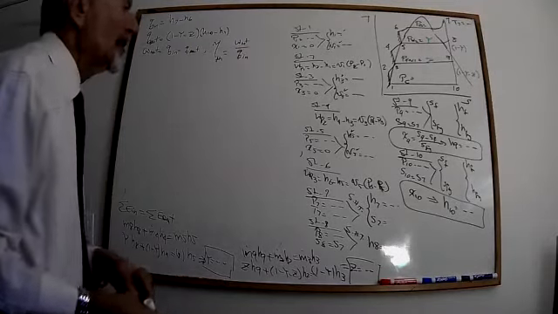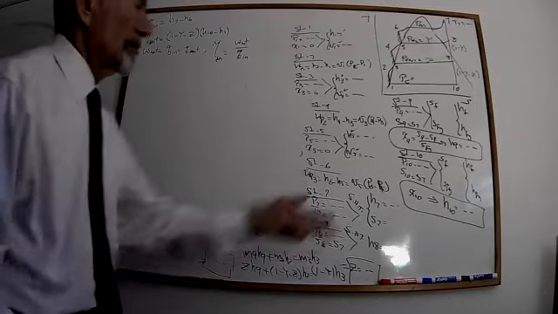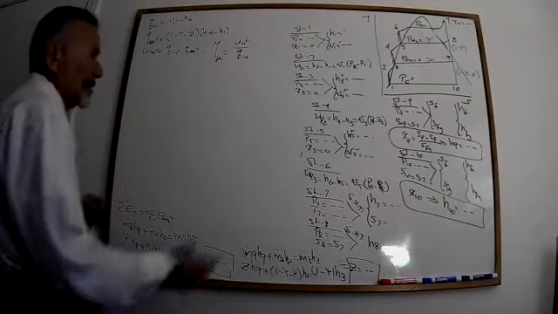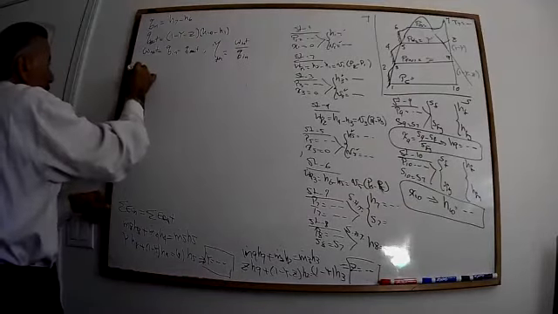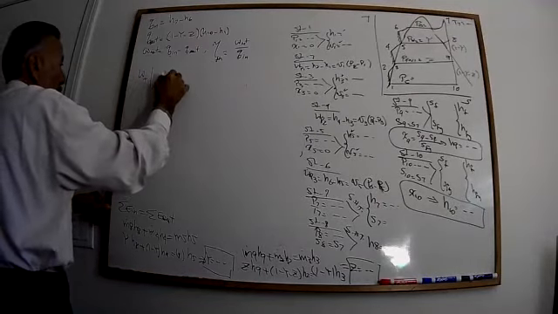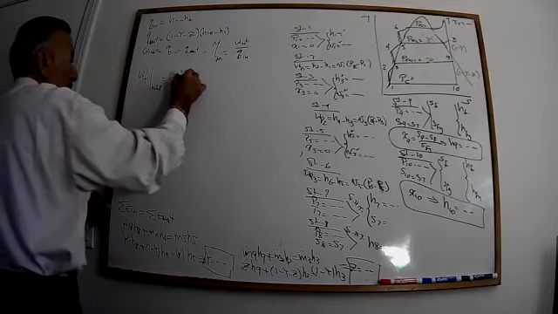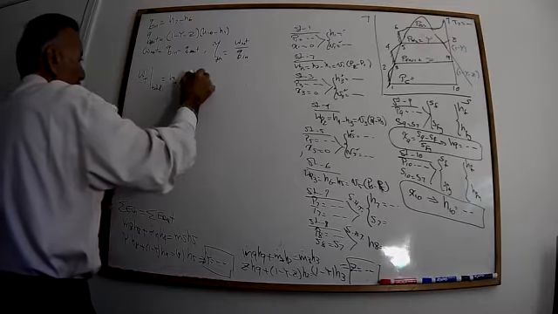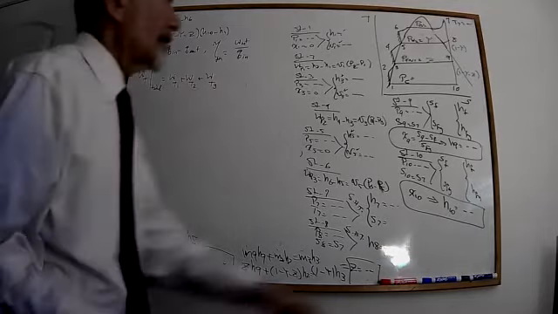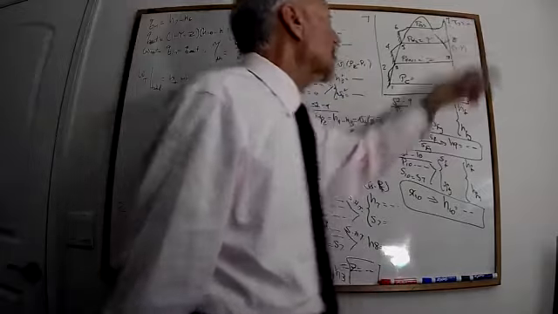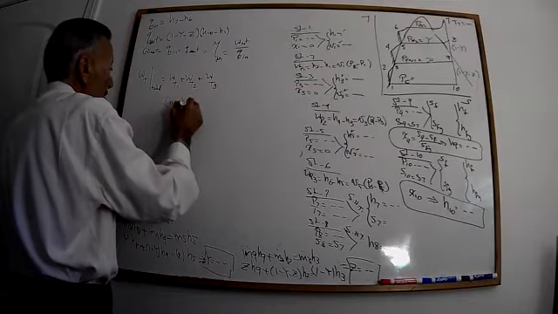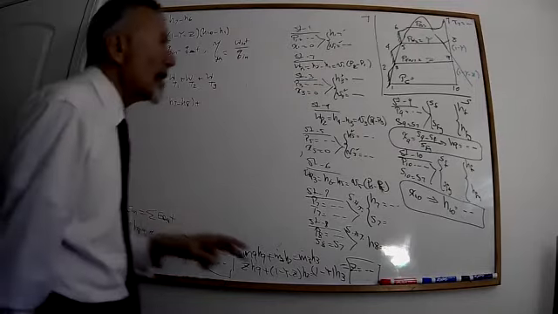Now, what happens if you are asked to find work of the turbines? Now, if that's the case, work of the turbines total would be work of the turbine 1 plus work of the turbine 2 plus work of the turbine 3. Our turbine 1 doesn't have any fraction. So that would be H7 minus H8 plus.